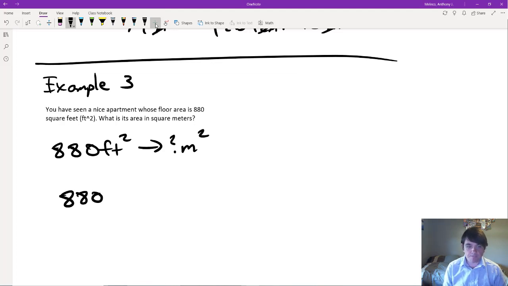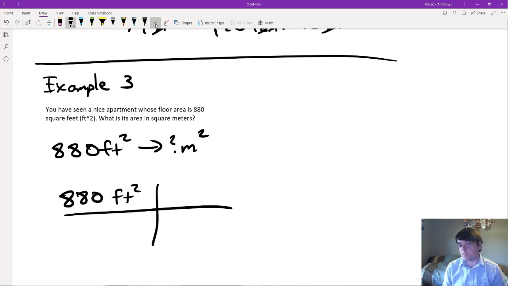So we put in our unit right here. And now, since we're converting something that's squared, we actually need to divide by a foot to meter conversion multiple times. The conversion I'm going to use this time is the direct conversion between meters and feet.